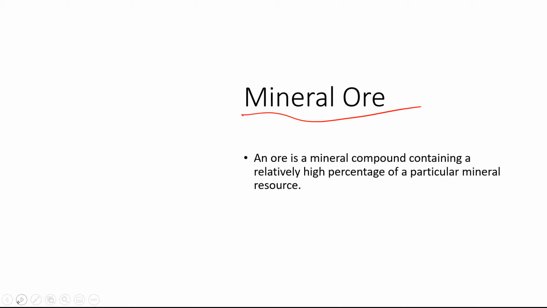An ore is a mineral compound containing a relatively high percentage of a particular mineral resource. So aluminum ore, for example, is a mineral that has a relatively high percentage of aluminum in it. And it's those ore resources that we will usually go after for mining.